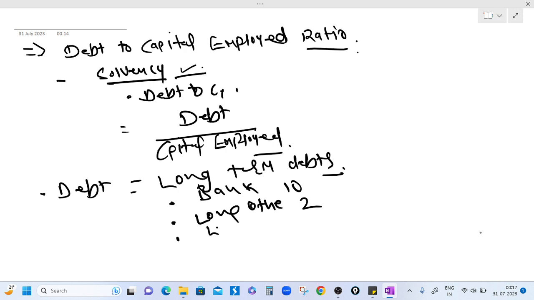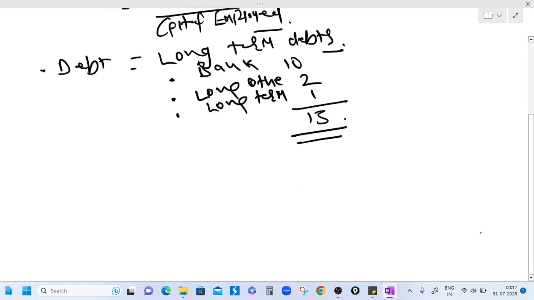So when you calculate debt, you have to consider all these parts, whatever non-current portion is mentioned in the question.